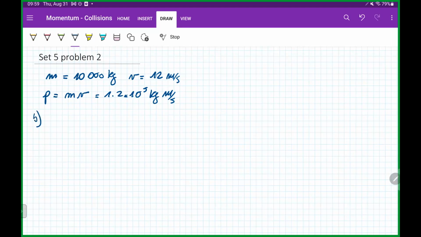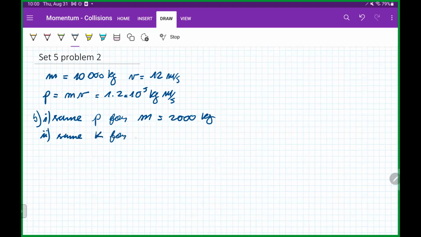And for part B, we want the same P for M equal 2,000. So that's the SUV. This is part one. And part two is asking for the same kinetic energy for mass equal 2,000.